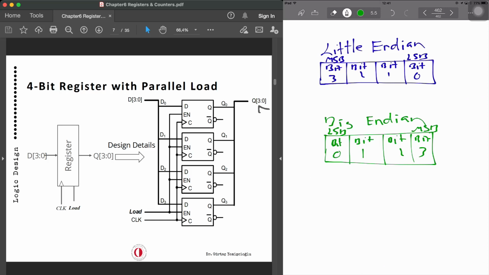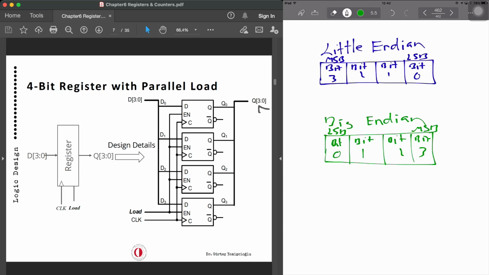Okay, so D0 down to 0 up to 3, so it's going to be a little endian, sorry, big endian. If it is 3 down to 0, it means little endian. Okay, so MSB, which is bit 3, is on the left-hand side or is at the bottom or maybe top.